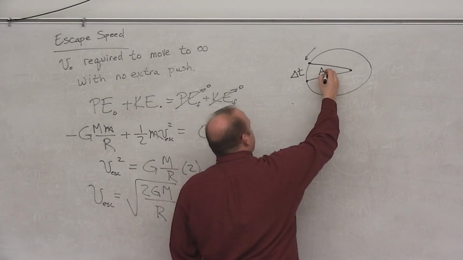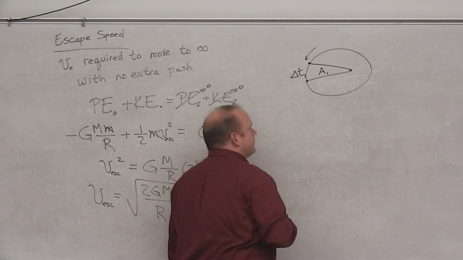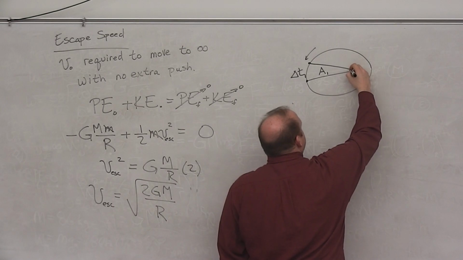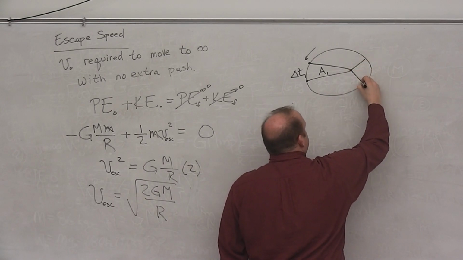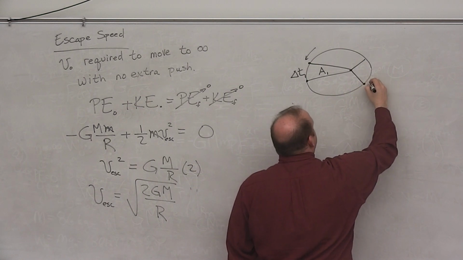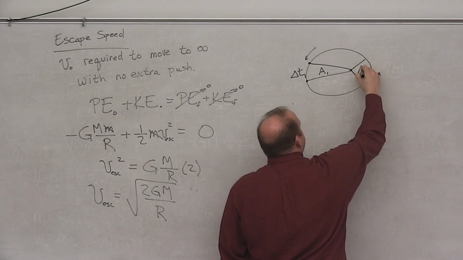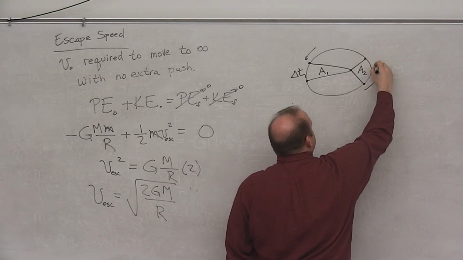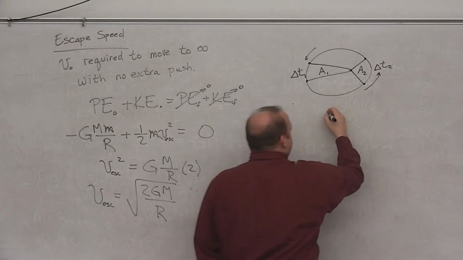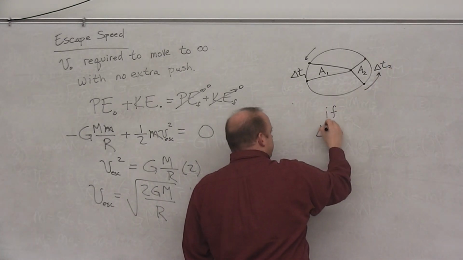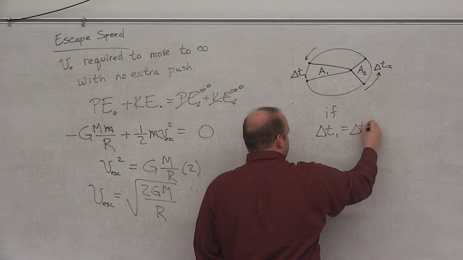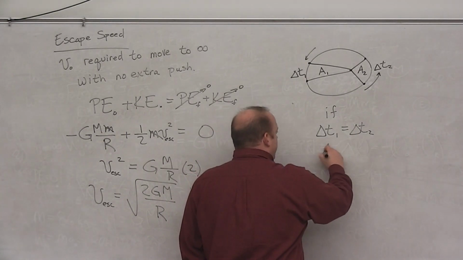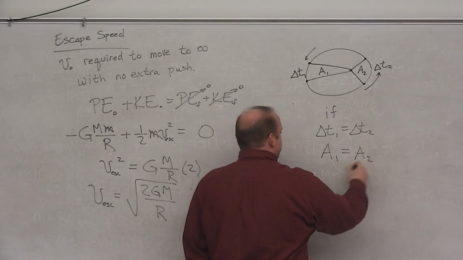I'll call this A1 and T1. At that same time, as this rotates around over here, he observed that the time it took to go from here to here, call that delta T2, if delta T1 is equal to delta T2, the times are equal, just for mathematical reasons those areas also equal each other.